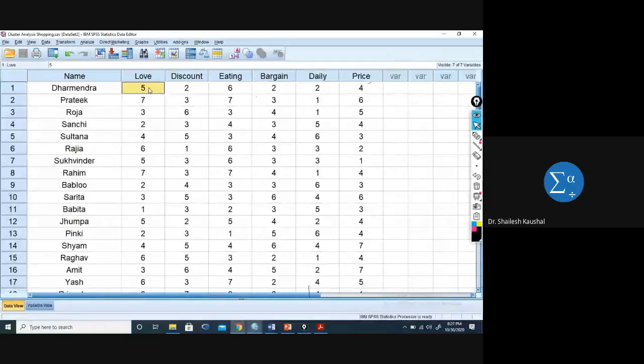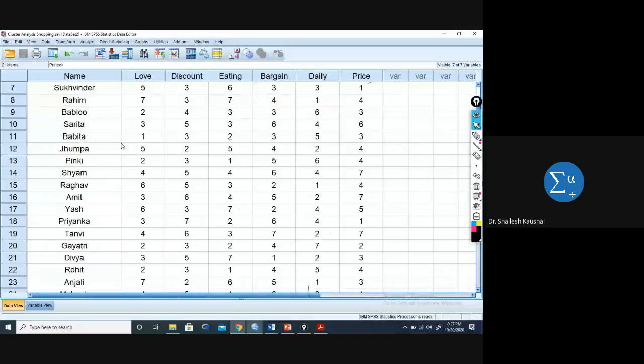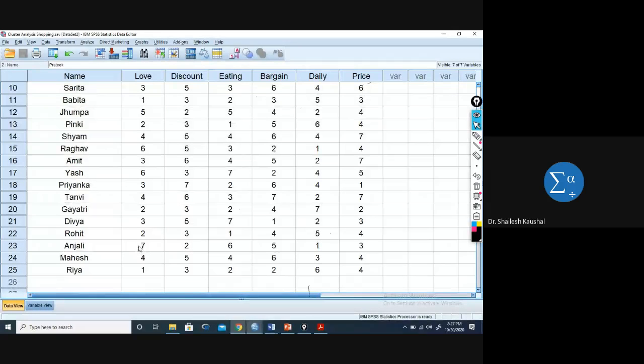Like here I am taking these particular questions. Pratik is giving 7 marks for question number 1, for the second question 3, then 7 here, 3 here and 1. So the cluster analysis will find this type of buyer. Here you can see Anjali.